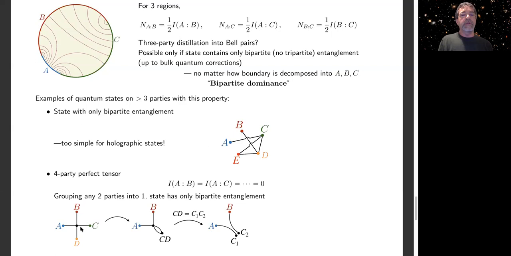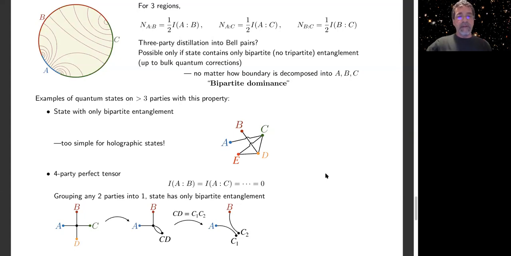And it has the property, which you can convince yourself pretty easily, that if you take any 2 and group them into 1, then you can do a distillation, in other words, a unitary on that now-single party CD to split it into C1, C2, such that there's only bipartite entanglement. So it's not the case that this has truly 4-party entanglement, okay? But if I do the grouping, then I can do a distillation that splits it into 2-party, and that's true no matter what groups I make, okay? So what I'm saying is that holographic states would be kind of like that.